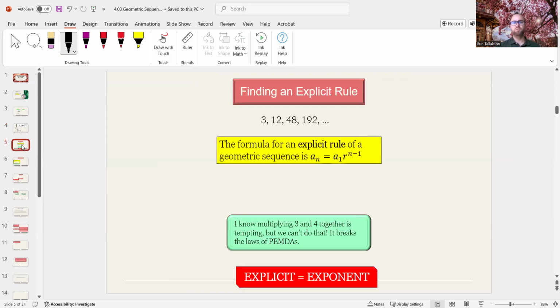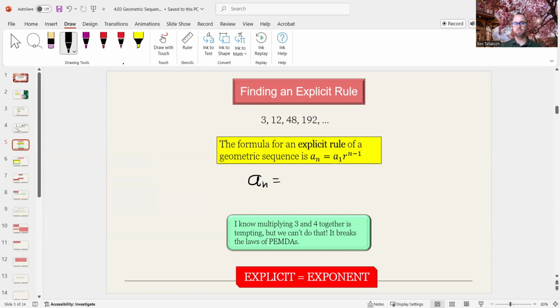Time for the explicit rule of a geometric sequence. There's our geometric sequence. Here's our formula for the explicit rule. And once again, a lot of things are going to stay the same, but a lot are going to change. So let's see. A sub n stays the same always.